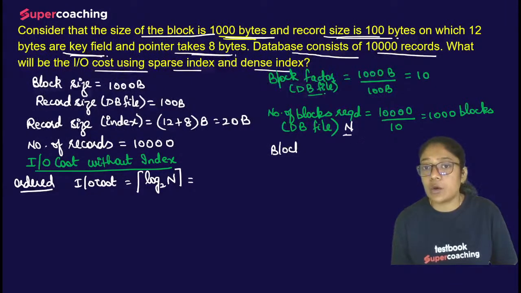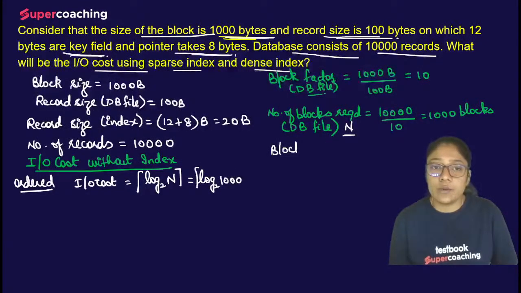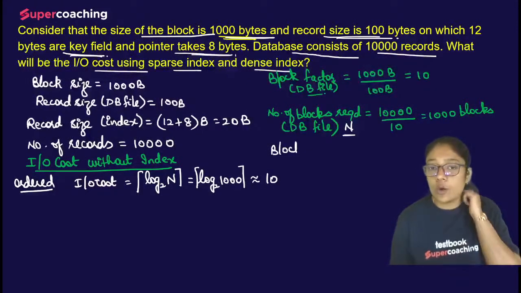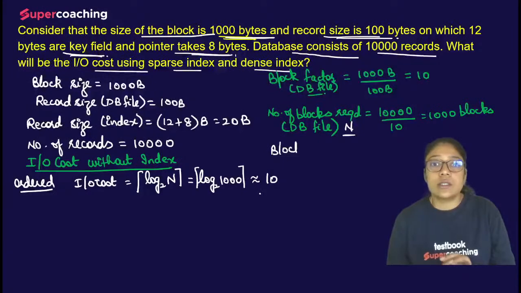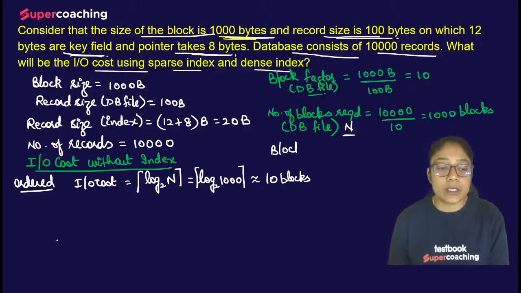N is coming out to be 1,000. So log base 2 1,000, and obviously we have to take the ceil value. That is approximately 10. So IO cost is 10. So if the file is ordered, to access any record from 10,000 records, 10 blocks is the IO cost. That means 10 blocks have to be transferred from secondary memory to main memory.